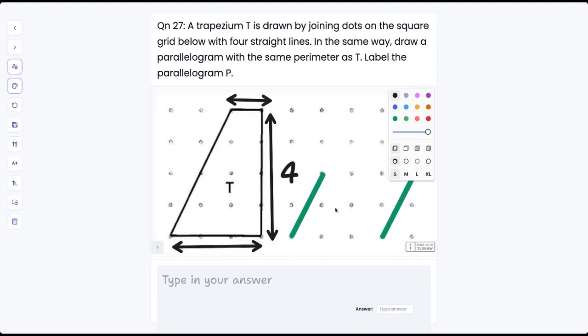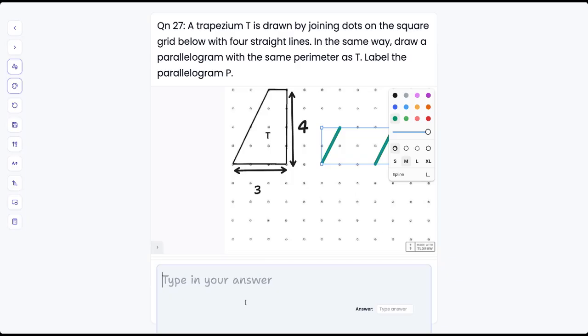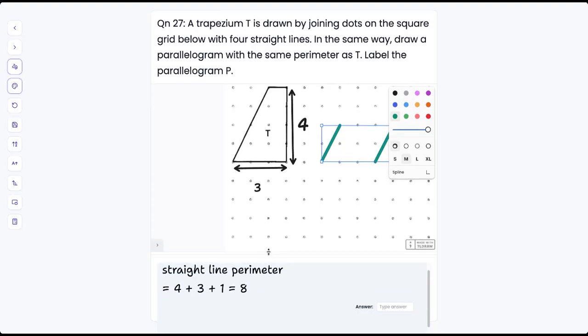If you measure the straight line perimeter, it is equal to 4 plus 3 plus 1, which is equal to 8. That is the perimeter.